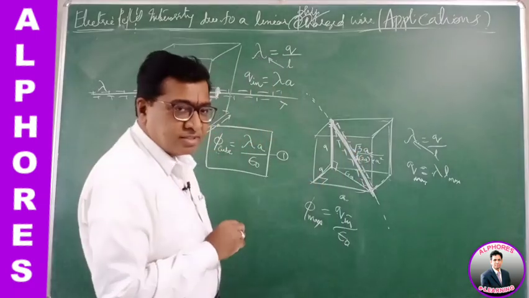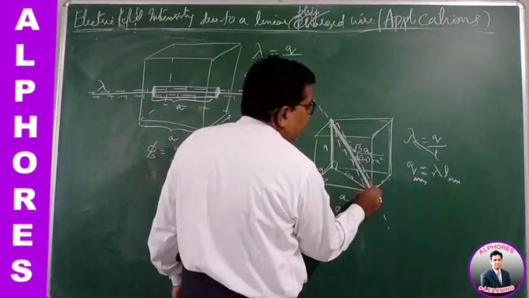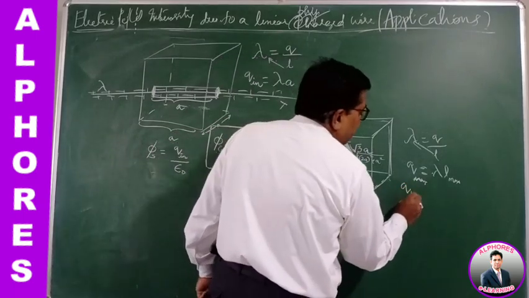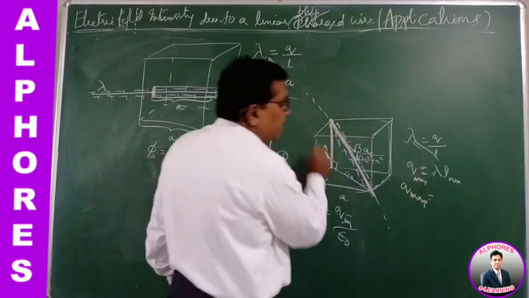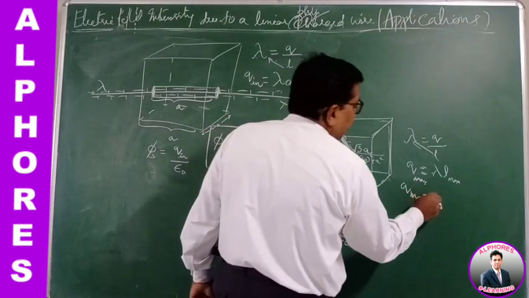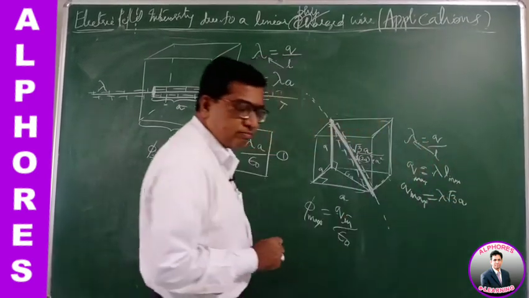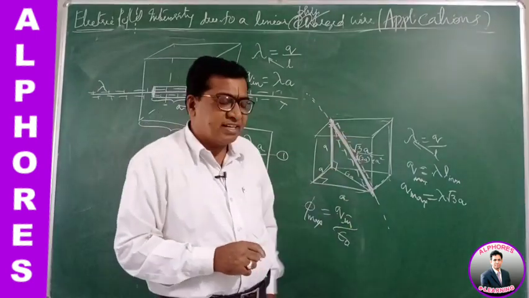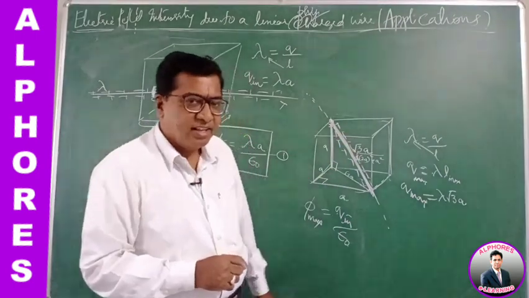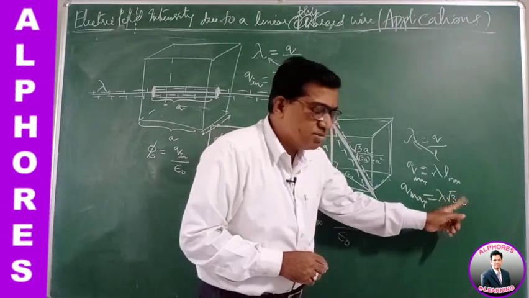Therefore the maximum length of the conductor inside is root 3a, and the maximum charge inside the cube will be linear charge density lambda into the maximum length, so the maximum charge is lambda times root 3a.